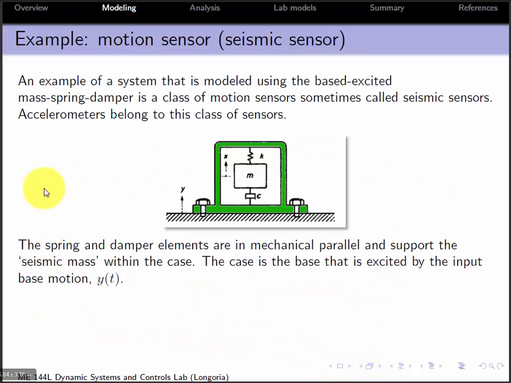This is the example I mentioned. Seismic sensors or accelerometers again fall under this class of systems. Note this is a case here that surrounds a spring and damper, and note these actually are in parallel. They have the same velocity applied because the mass is moving relative to the case, and the case itself is being excited by ground motion.